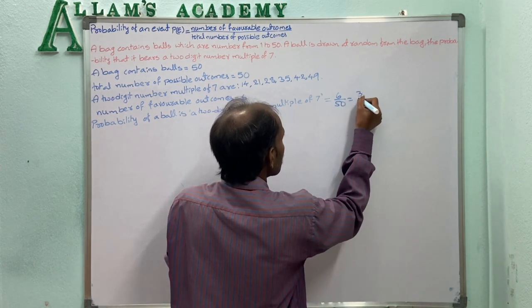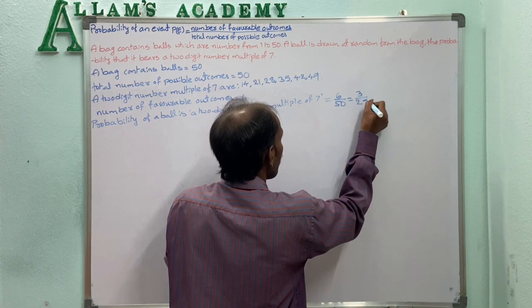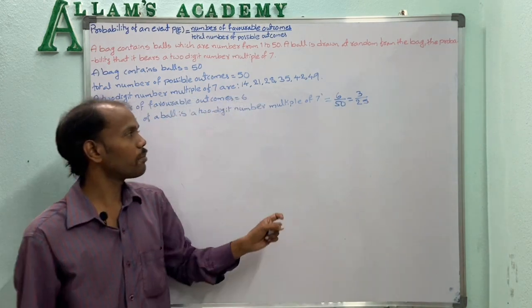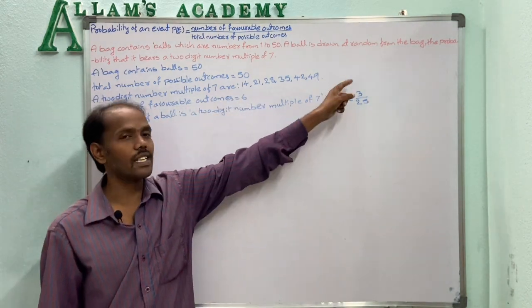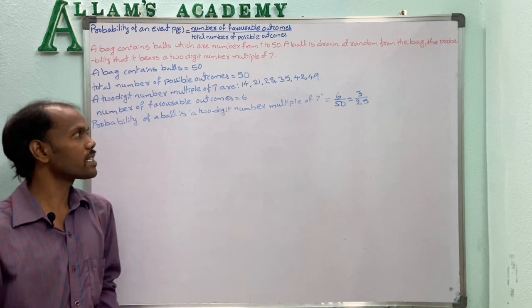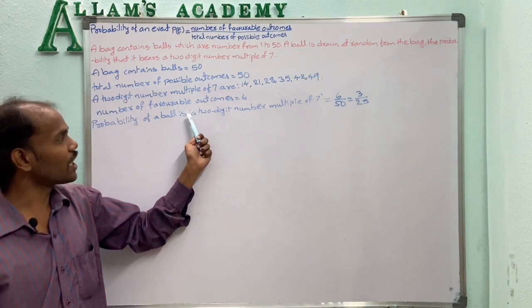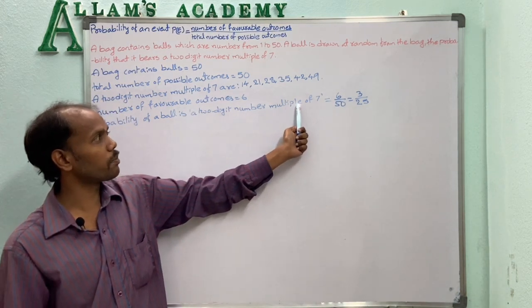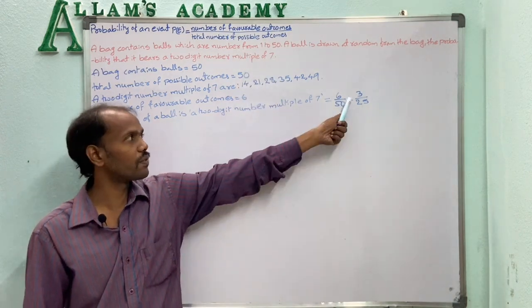So 2 threes are 6, 2 twenty-fives are 50. The simplification of 6 by 50 is 3 by 25. That means the probability of a 2-digit multiple of 7 being picked from 1 to 50 is 3 by 25.